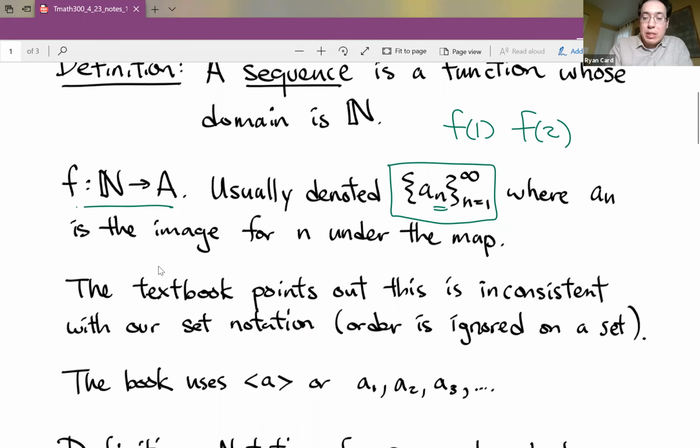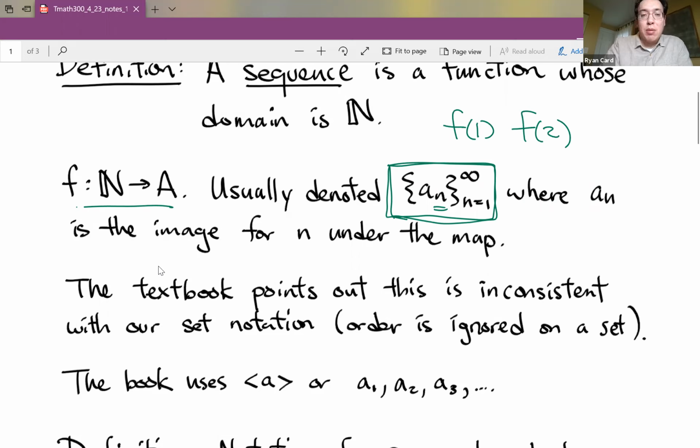The textbook points out correctly, I think, that this is inconsistent with our set notation. The problem here when we use notations like this is that we make it look like this is a set. So remember, in a set, the order in which the numbers appear does not matter, and also repeats do not matter.